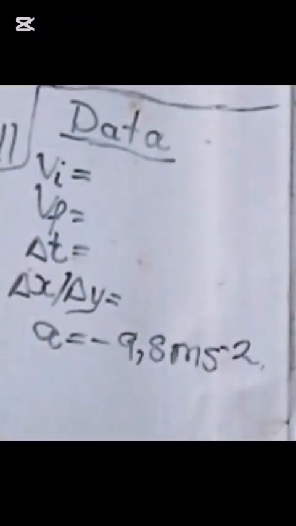So in the statement, they say that the cell phone became loose from the belt, which means initially the phone was inside the belt. Then we will assume that the initial velocity is 0 meters per second.